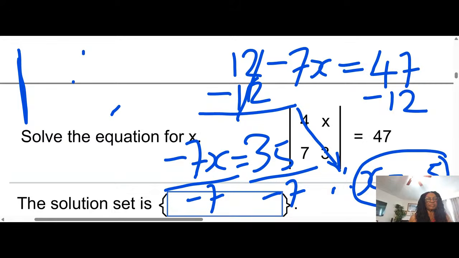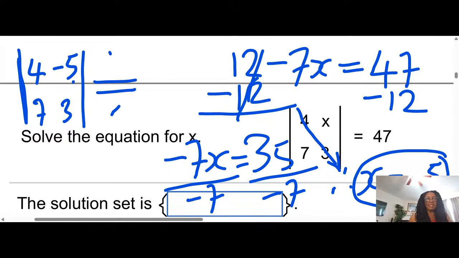So now I have 4. I know the value of x this time, I can put negative 5 here. And then I have 7 and I have 3. Well, the question is, is my answer equal to 47?